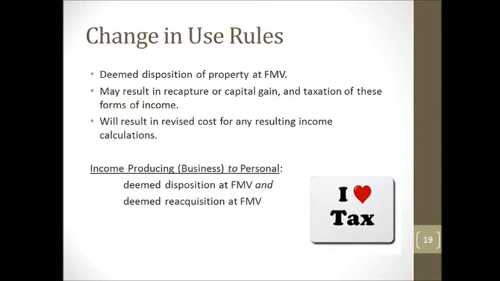So that's pretty straightforward. The fair market value would be used for both the proceeds of disposition to determine if there's any capital gain or capital loss, and also the fair market value would be used as the capital cost in the hands of the taxpayer when it was converted into personal use.